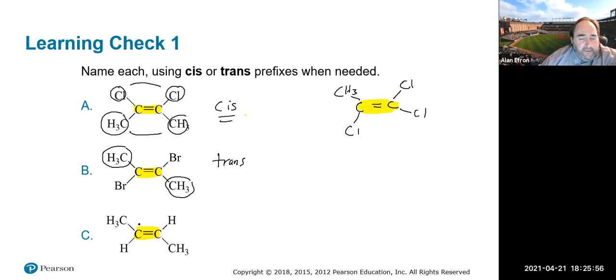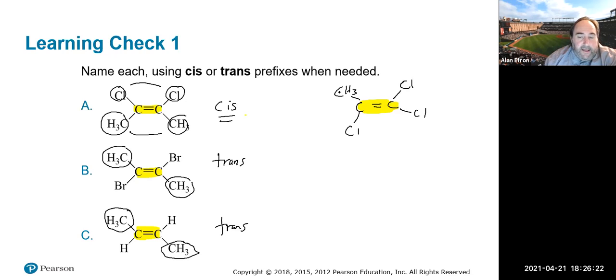Looking at the last one here, again, hydrogen, which is considered a group in this case. Methyl and hydrogen on the left-hand side are different, which is good. The group that's the same on both is a methyl group. They are also on opposite sides. So this would be trans. Any question on those three?